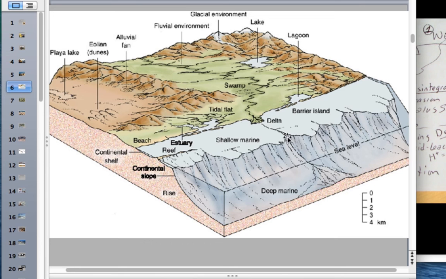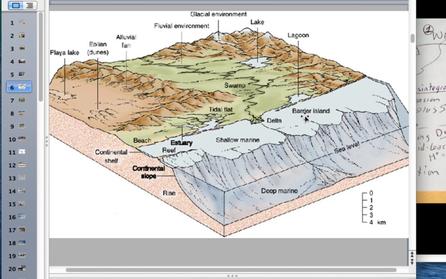So usually we define the environments as terrestrial, which is continental: lakes, lagoons, glacial, mountain fronts, desert climates, coastal environments, or marine. Marine could be deep marine or shallow marine. So that's what we look for. We look for the sediment that forms in these different depositional environments.